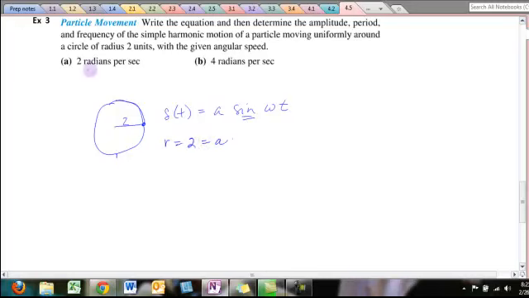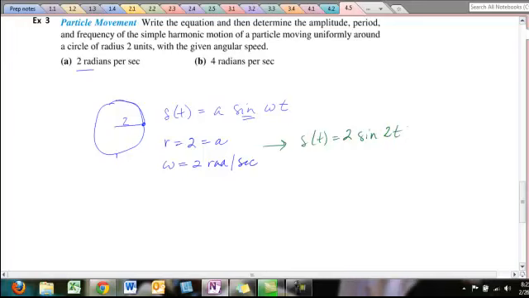And then we're given the angular speed, which is 2 radians per second. So we can come up with the equation s(t) = 2 sin(2t). There we determined the equation.